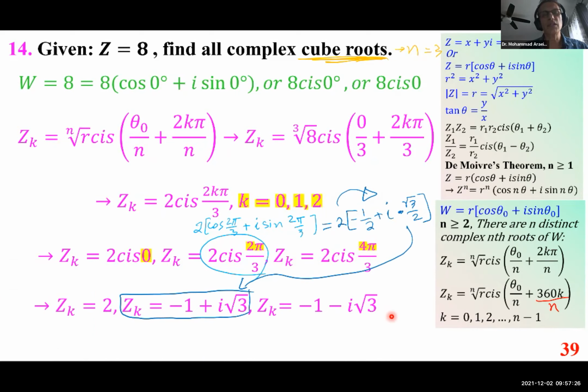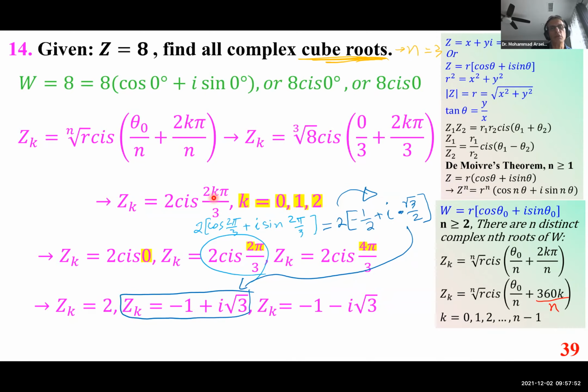Now, it is important to see what happens if you choose by mistake one more number, let's say 3. If you put number 3 instead of k, this 3 cancels out the 3, and you're adding 2 pi, which is the same as 0. So it doesn't matter if you make a mistake, you should be able to catch it.